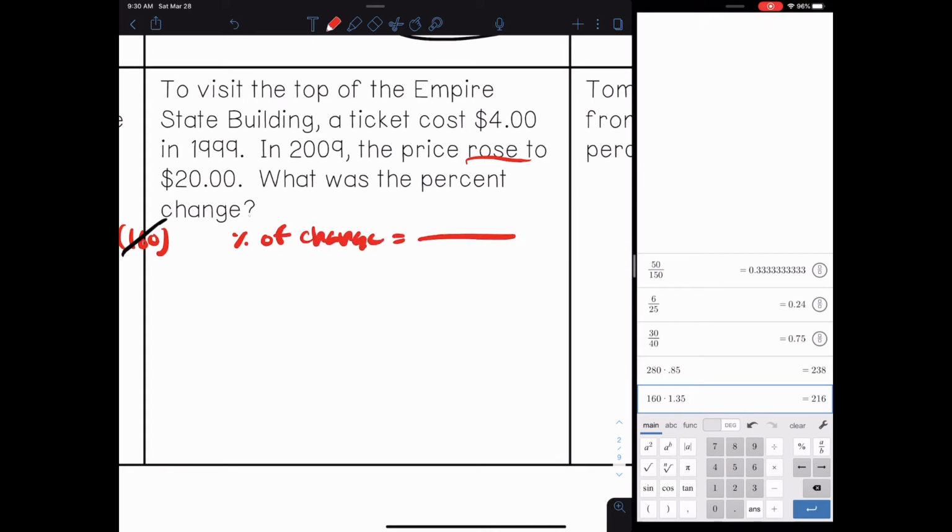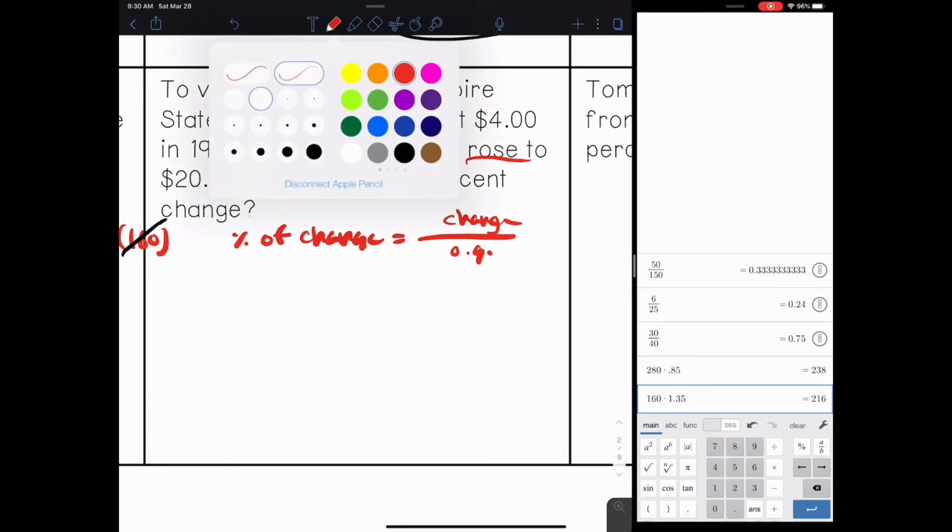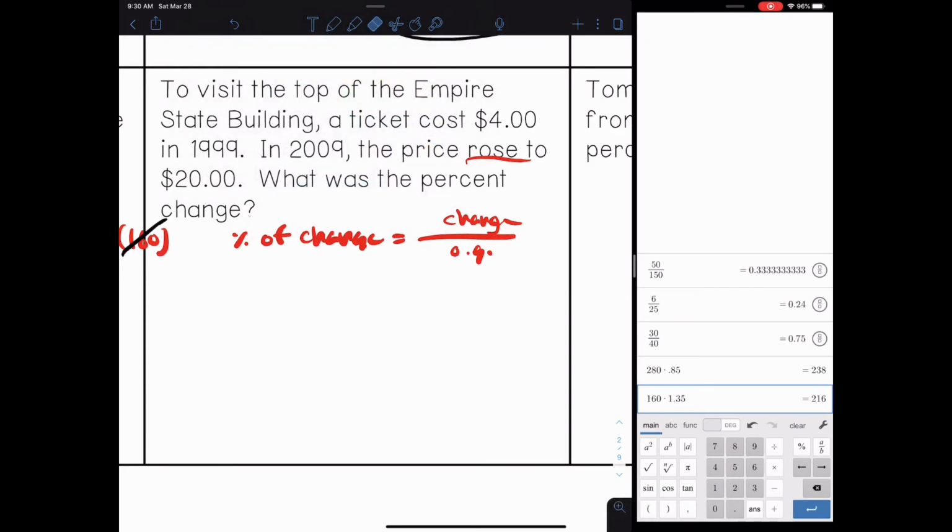And that equals the change divided by the original. So how much was the change? Well, it says it went from $4 to $20. So we got 20 minus 4, which is 16.